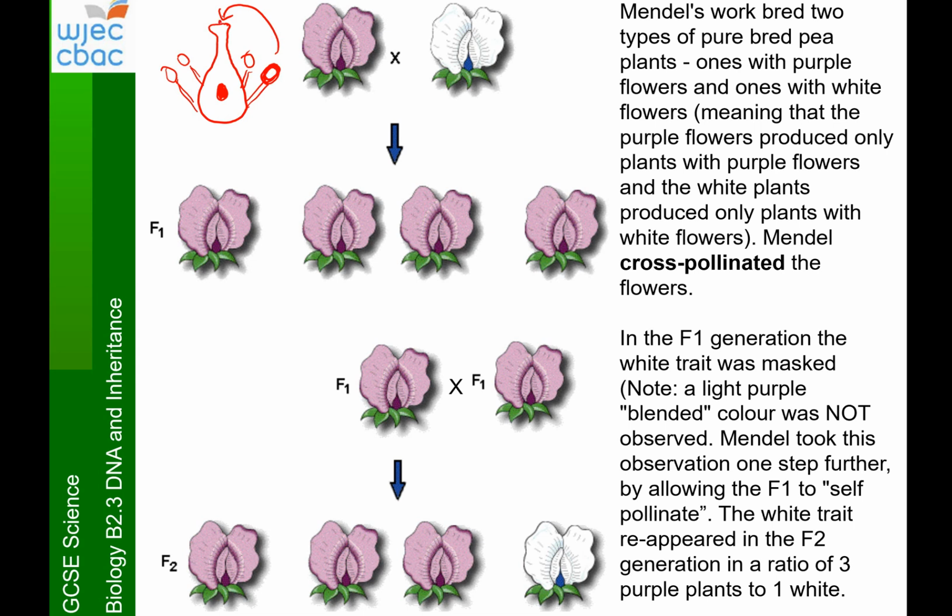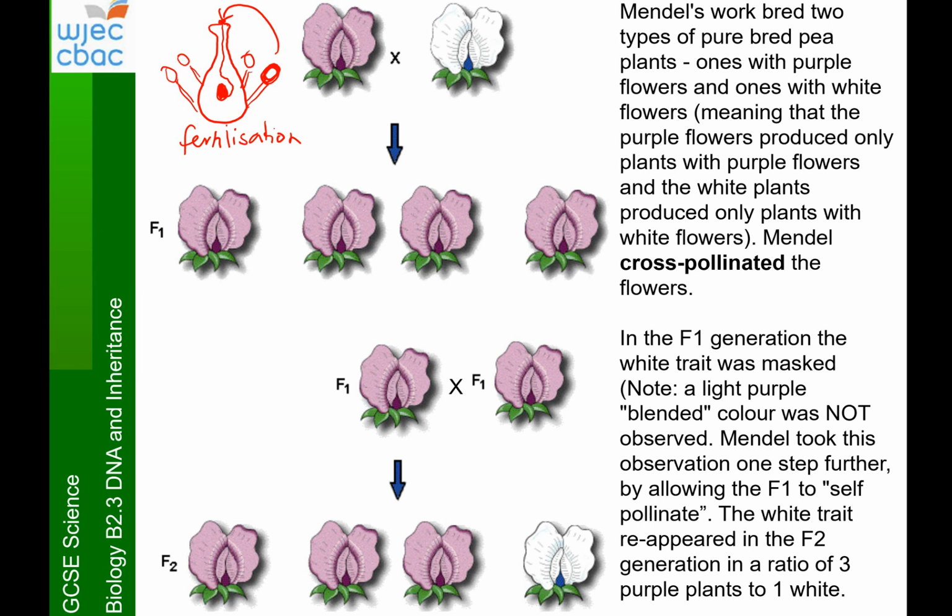That pollen grain then travelled down and joined with the nucleus of the ovule. And at that moment, we call that fertilization. That fertilized ovule turns into a seed, and then Mendel would have planted these seeds, grown up the pea plants, and seen what colour the flowers were.